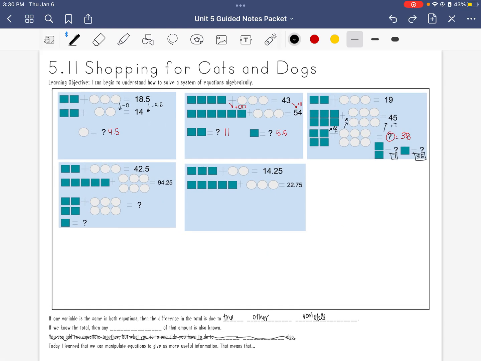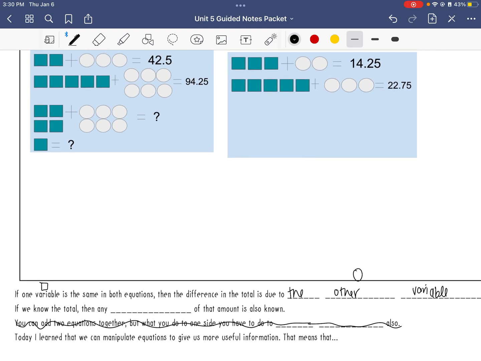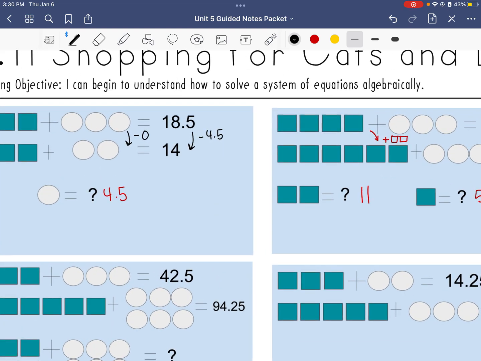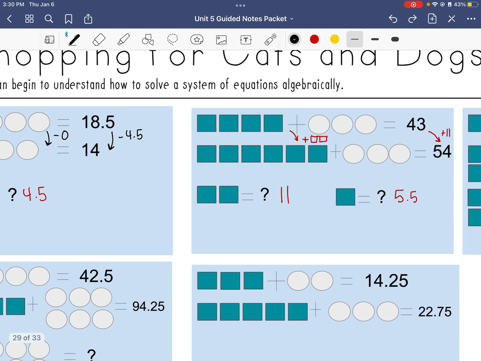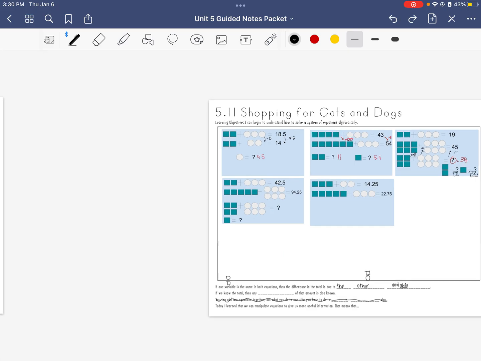So this is like saying if one square is the same in both equations, then the difference in the total has to be due to the circle. Or vice versa. If one circle is the same in both equations, then the difference in the total has to be the squares. So that's how we figured out what these were, right? You said, well, the difference is the circle, so that's got to be what this difference is. In this one, the difference was the two squares, so that's what that difference had to be from too.